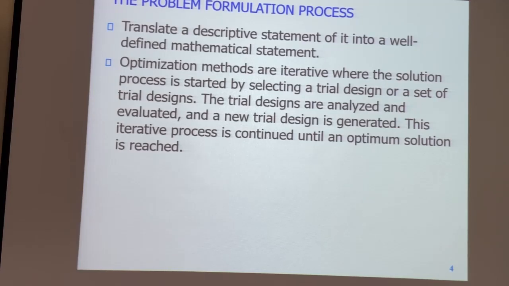Okay, do this. Optimization methods are iterative where the solution process is started by selecting a trial design or a set of trial designs. Okay, yes, slow down. Take a break. Take several breaks.